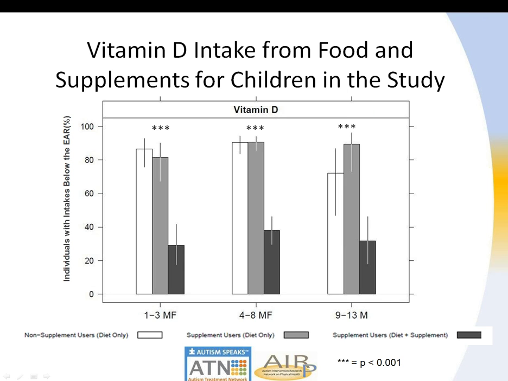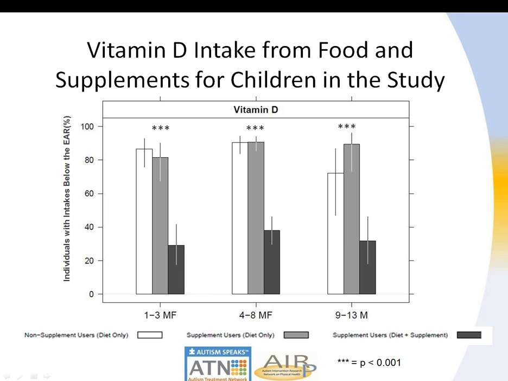So this slide shows the percentage of children who were below recommended levels of intake for vitamin D. The white bar depicts the percentage of non-supplement users who had insufficient intake from dietary intake. The gray or middle bar reflects the percentage of supplement users who had insufficient intake from diet alone, and then the dark bar reflects intake from diet and supplements.